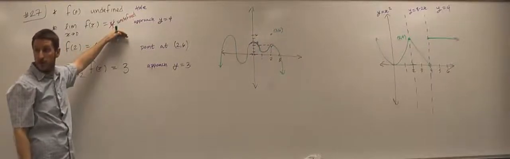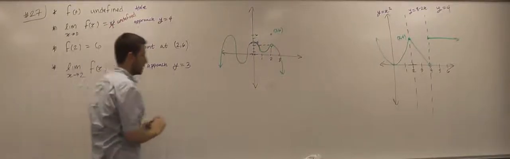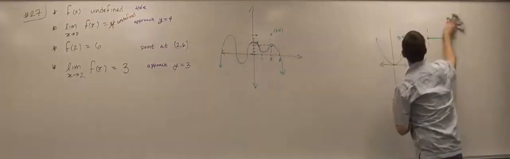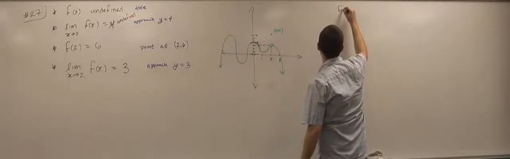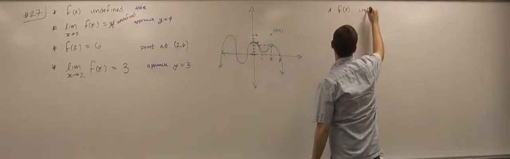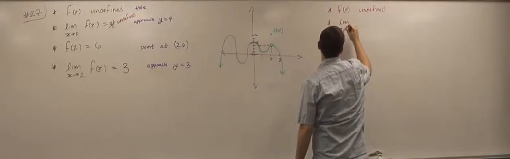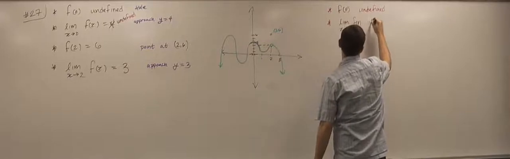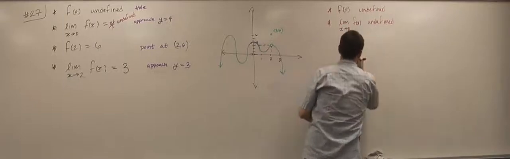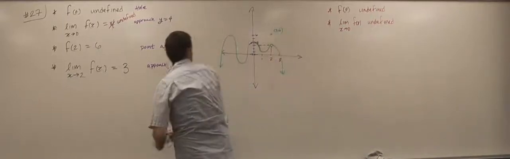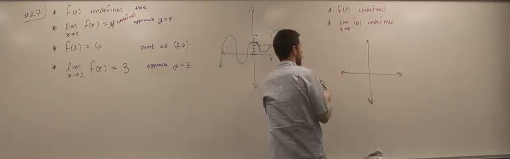A jump. But you'd have to put a hole on both ends of your jump. So let me go over here real quick. If I just gave you the condition that f of 0 is undefined, and the limit as x goes to 0 is also undefined, there's a lot of ways to do this, but two popular ways might be a vertical asymptote here.